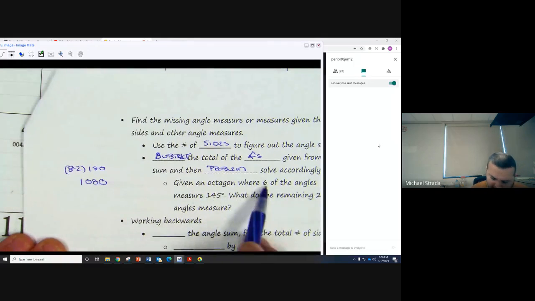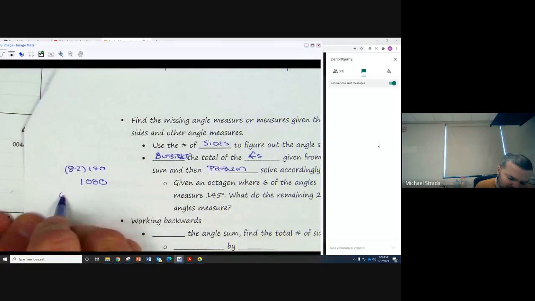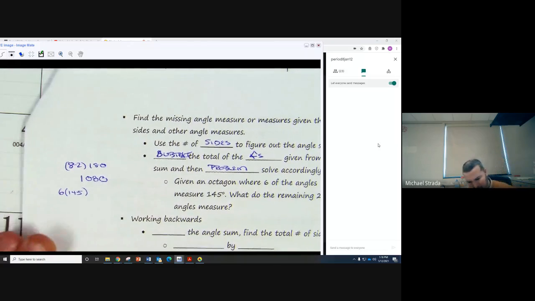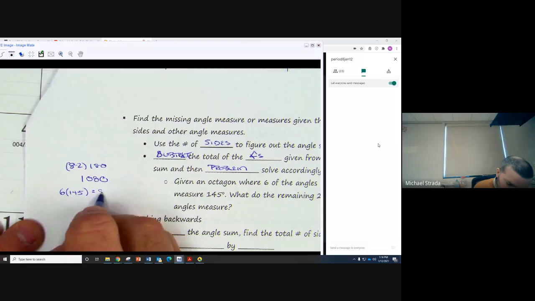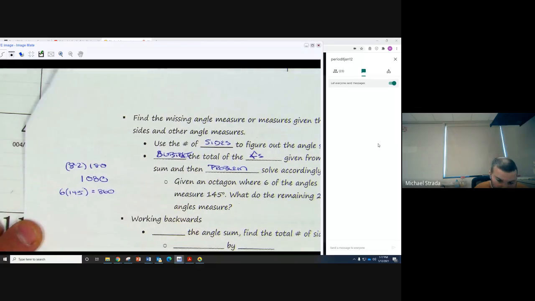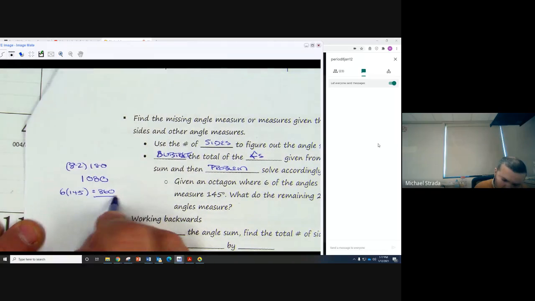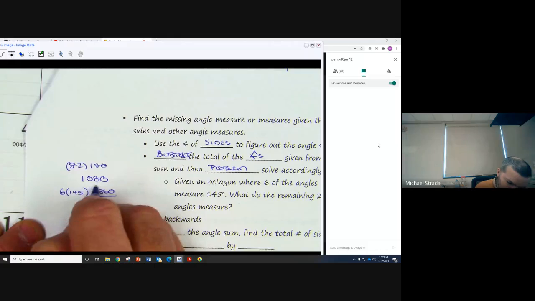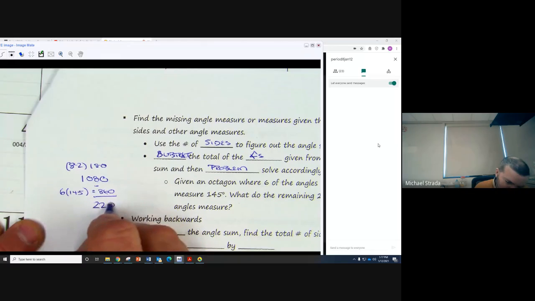Well, they tell us 6 of the angles measure 145. I can figure out their total by doing 6 times 145. That gives me 870. We then subtract. I'm going to do 1,080 minus 870. I get 210.